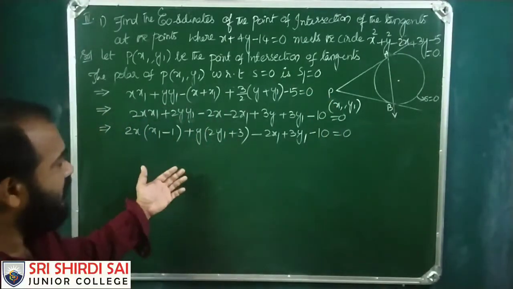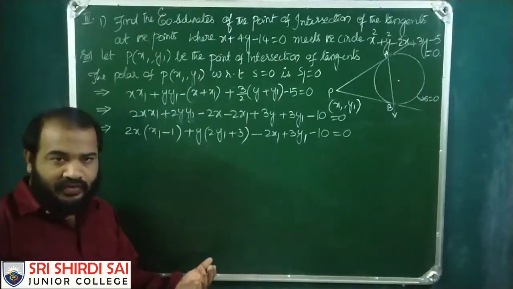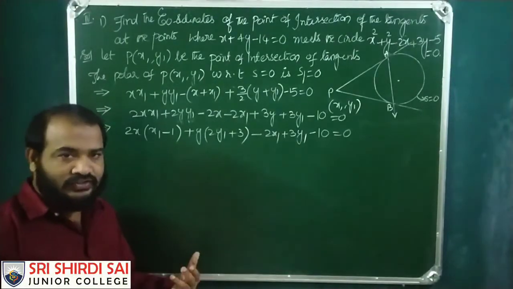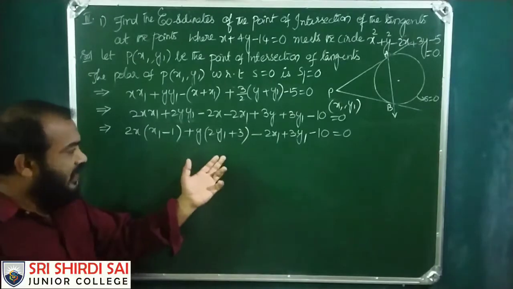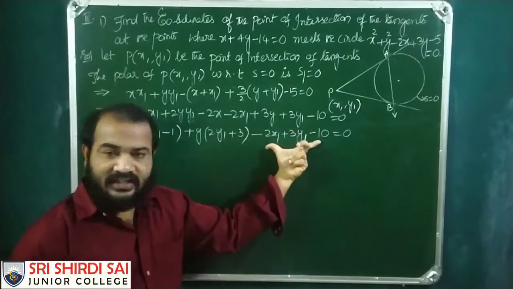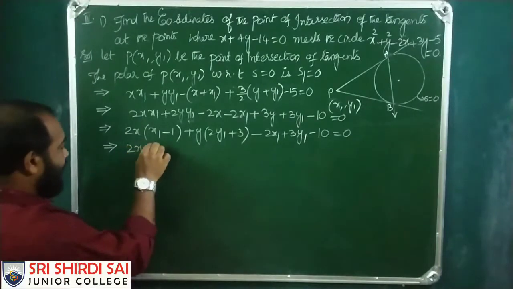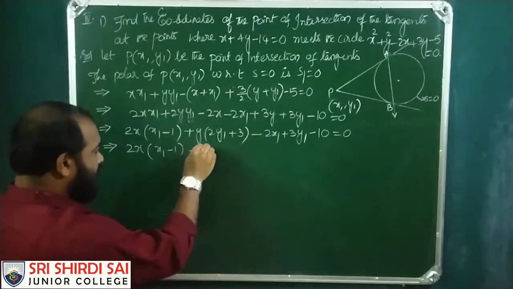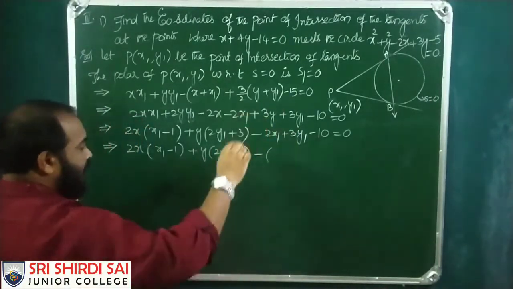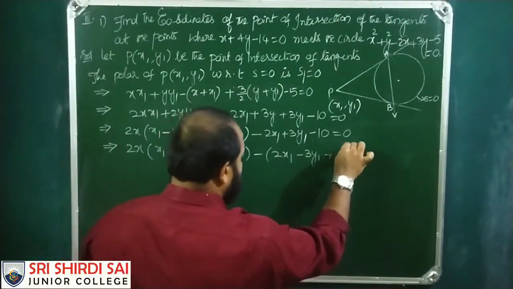See, what I am doing is, this is the polar equation, and the polar equation is a straight line, and the general form of a straight line is ax + by + c = 0. So I am converting it into a first degree equation, with x, y and a constant, that's my intention. So this is 2x(x1 - 1) + y(2y1 + 3) - (2x1 + 3y1 + 10) = 0, taking minus in common.